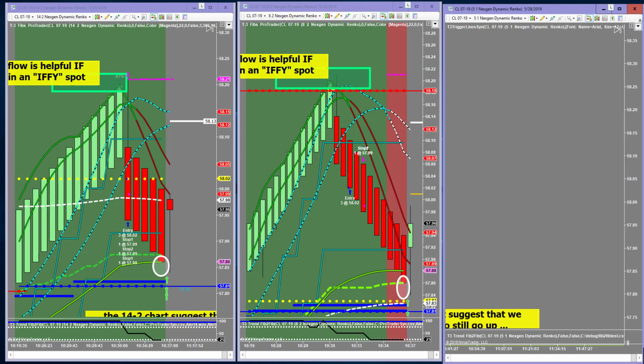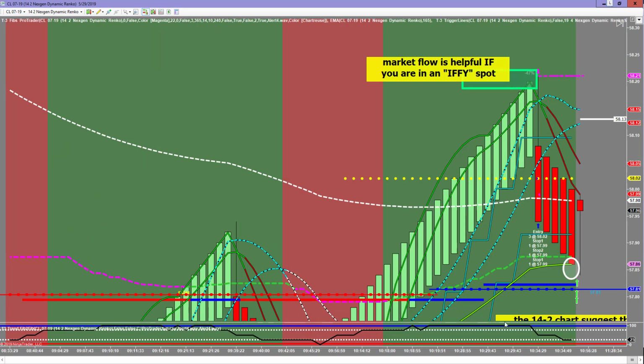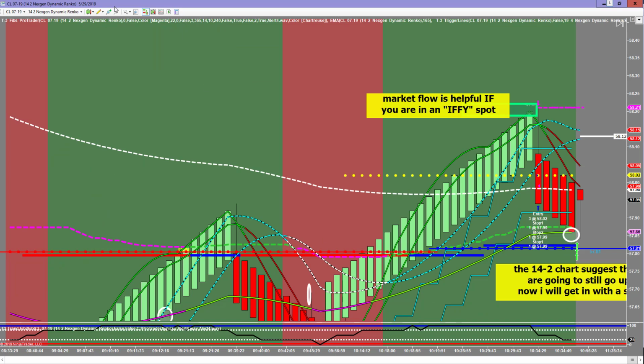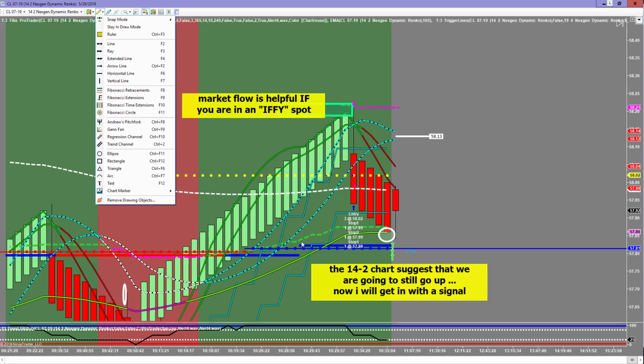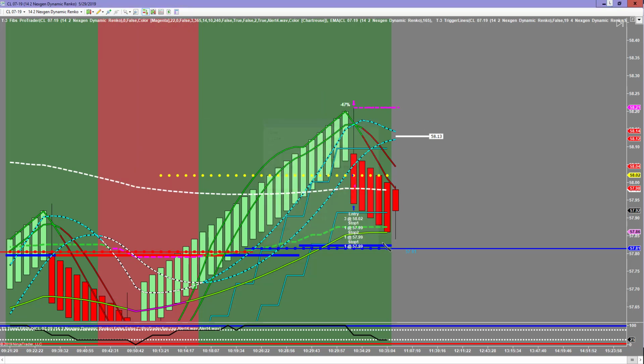All right. Now, is it a trend trade? So look, let me clean up. Is it a trend trade that we're doing, or should we be doing pivot stop outs from the edges?